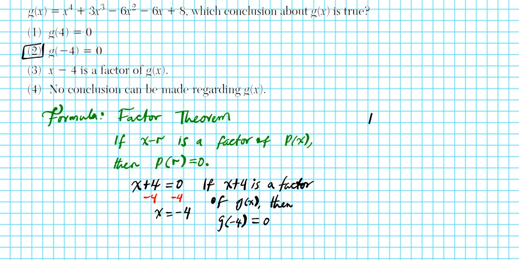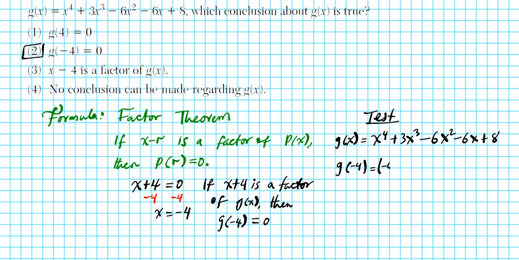If you want to test it out, all you have to do is write down g of x, x to the 4th plus 3x to the 3rd minus 6x squared minus 6x plus 8, and then you plug in the related root to x plus 4. So you plug in negative 4.